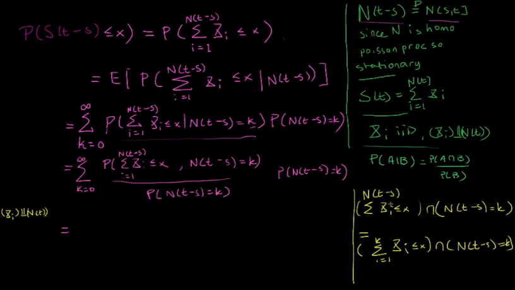Because in this event, the top boundary of the sum can't be anything else than k.